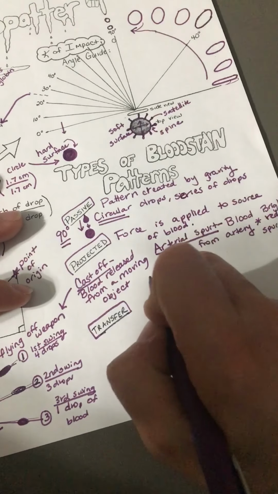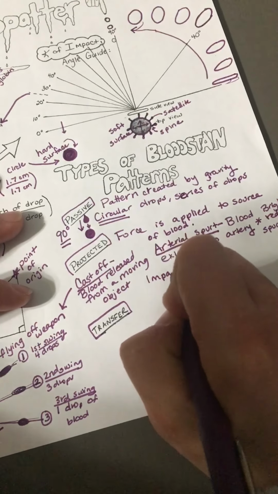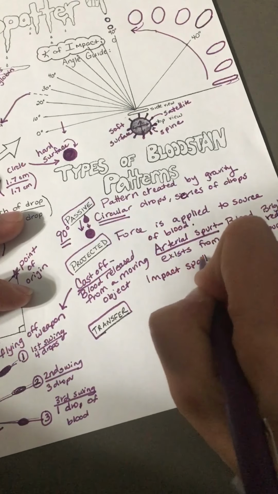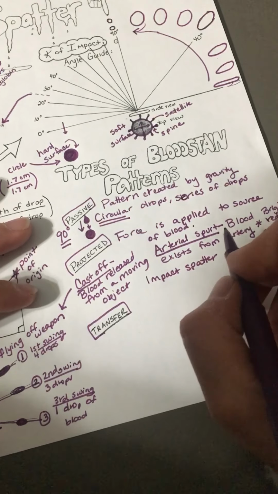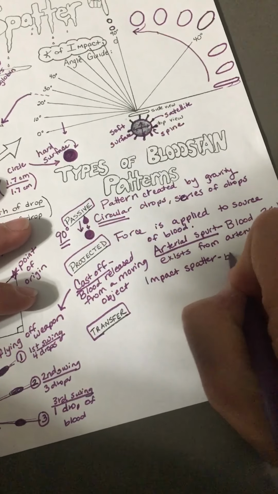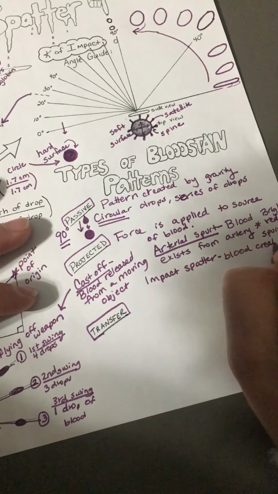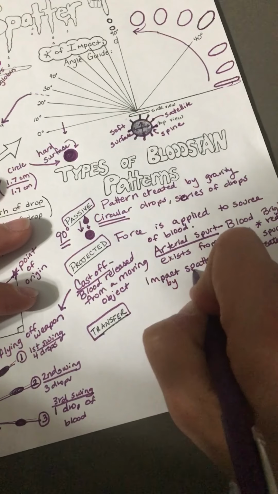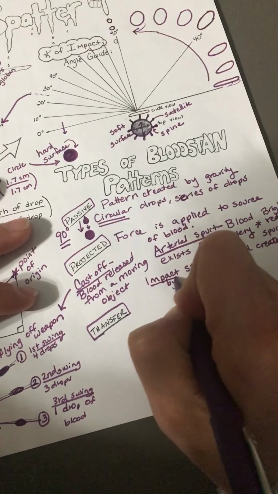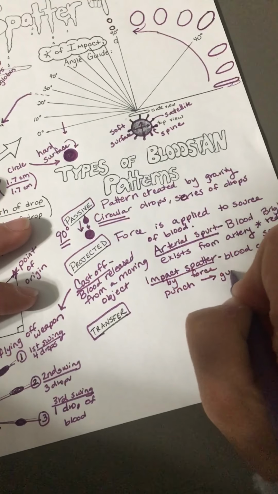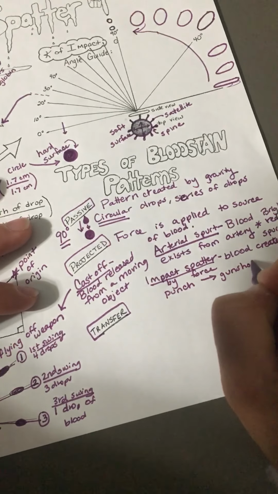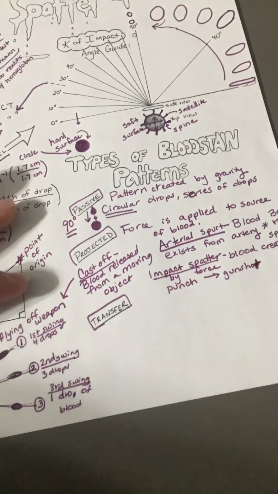And then the last one is impact spatter. For impact spatter, this is when the blood is created by a force. Now, this could be anything from a punch to a gunshot.